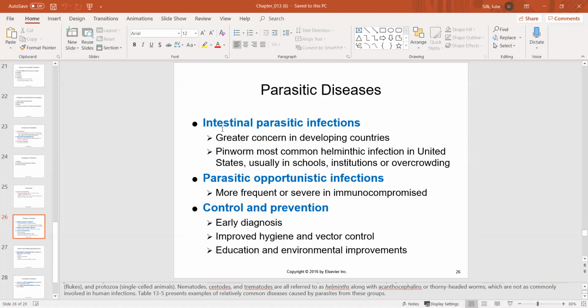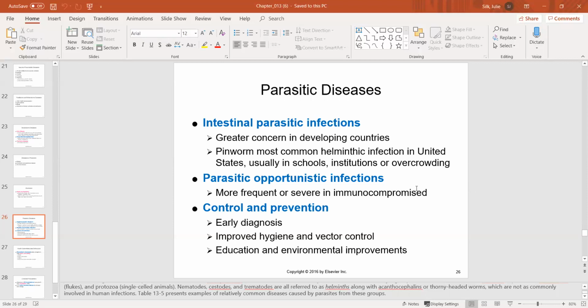All right, so with these intestinal parasitic infections, typically you don't see those a ton around here, but they're of greater concern in developing countries. Pinworms are the most common helminthic infection in the United States, so usually in schools or institutions of overcrowding, you'd see something like that.